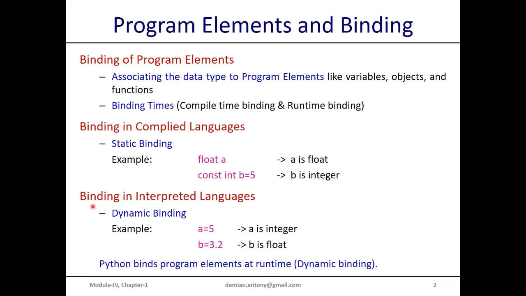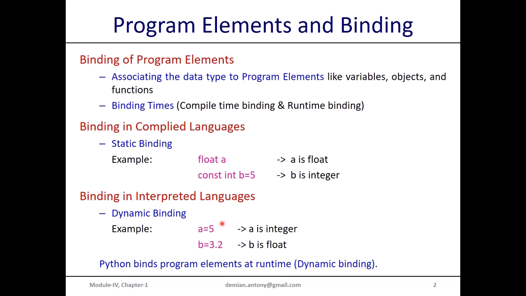Let us take up binding in interpreted languages. All the interpreted languages use dynamic binding. It means that attaching the data type to a variable or to any other program element is done at program execution, that is, at runtime. For example, in the Python statement a = 5, the runtime associates the type integer to a, based on the value 5.